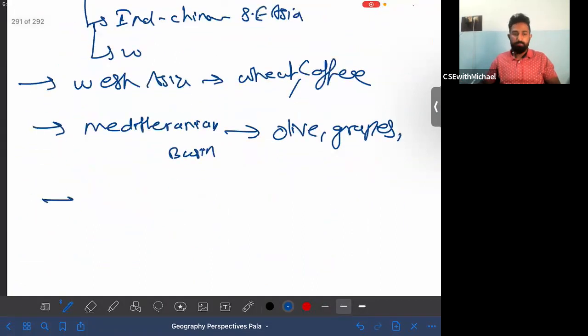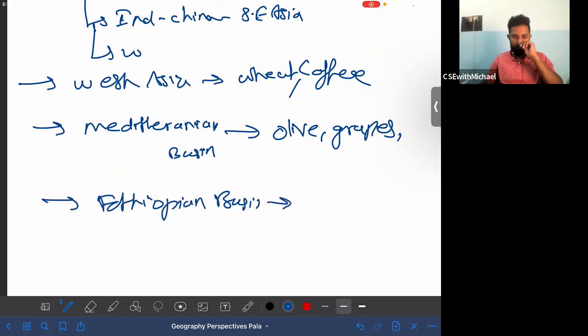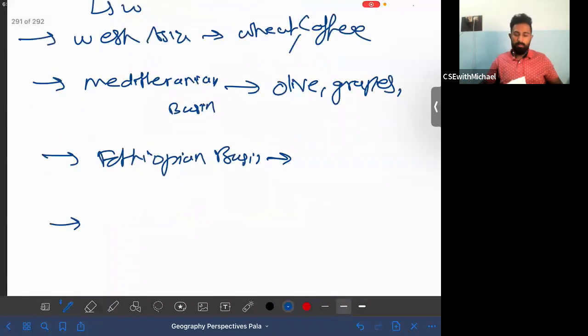Then you have the Ethiopian basin, famous for crops like sorghum, and some of the pulses are famously found in that region. So I'm just giving you the basics. Just be familiar with it.